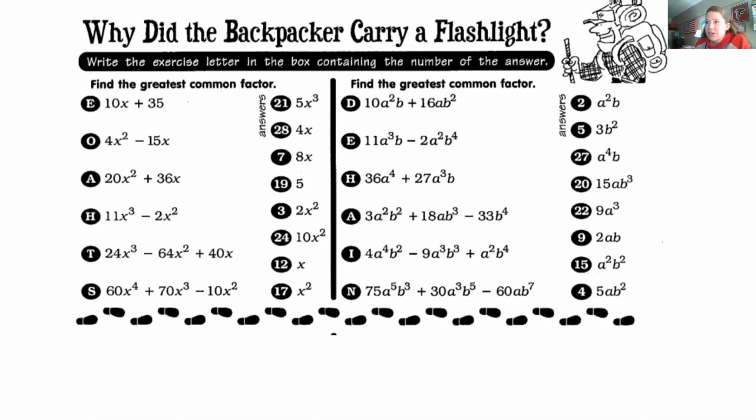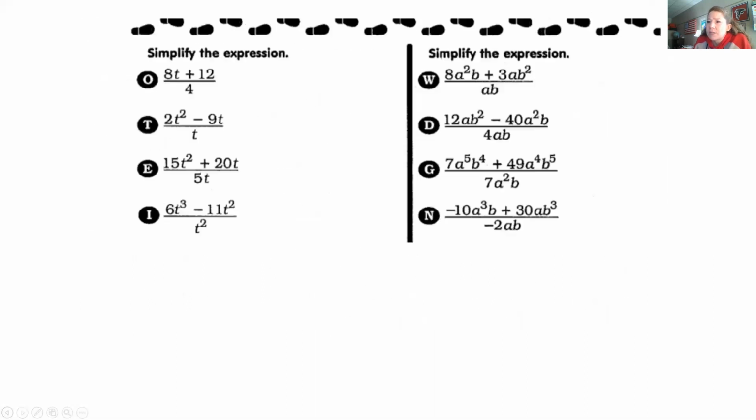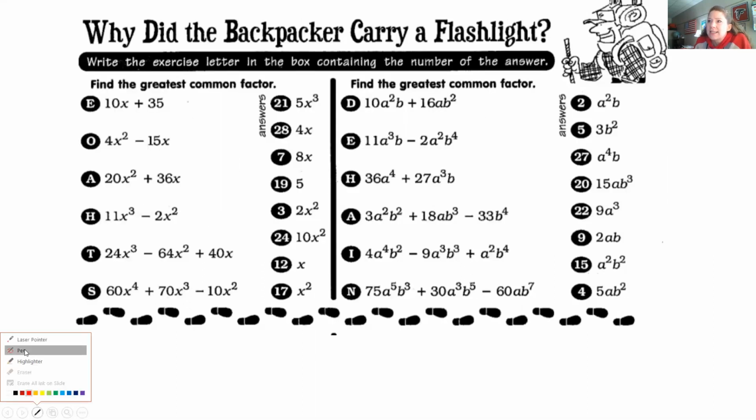So the first section here is we're going to find the greatest common factor of each of these expressions, okay? For example, what could I divide 10x and 35 both by? Well, they both can be divided by 5.